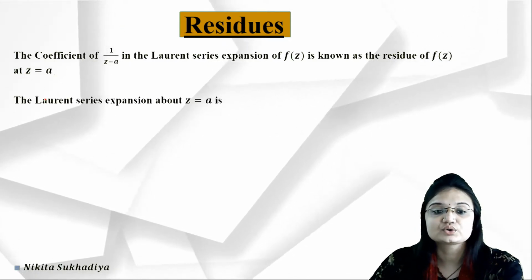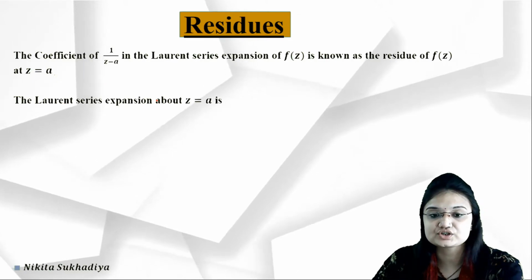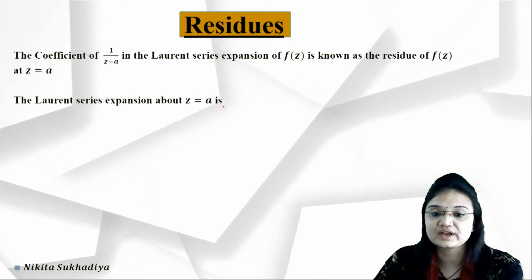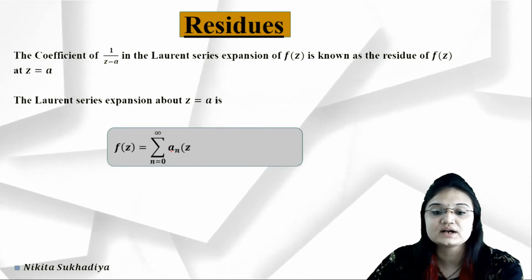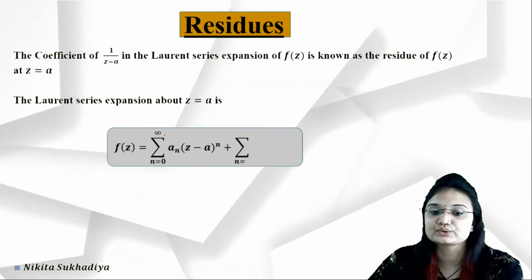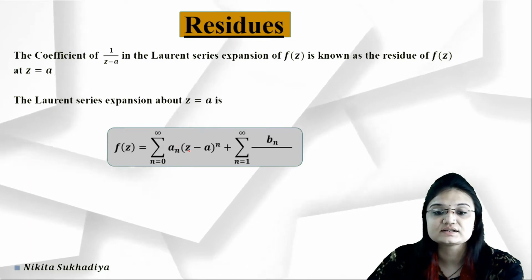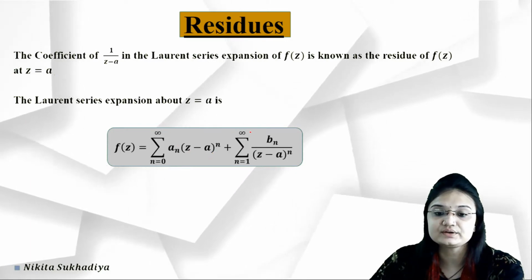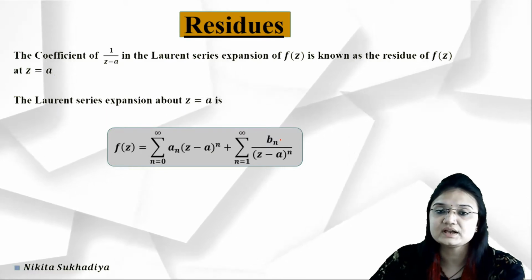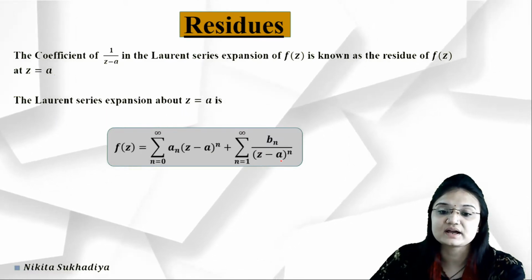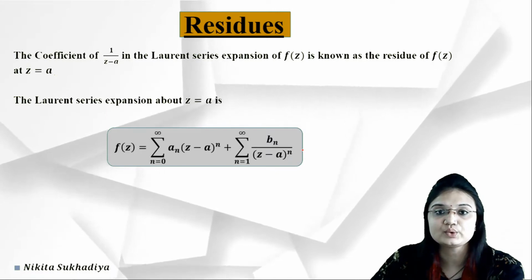The Laurent series expansion about z is equal to a of function f of z is equal to sigma n is equal to 0 to infinity a n (z minus a) raised to n plus sigma n is equal to 1 to infinity b n upon (z minus a) whole raised to n.